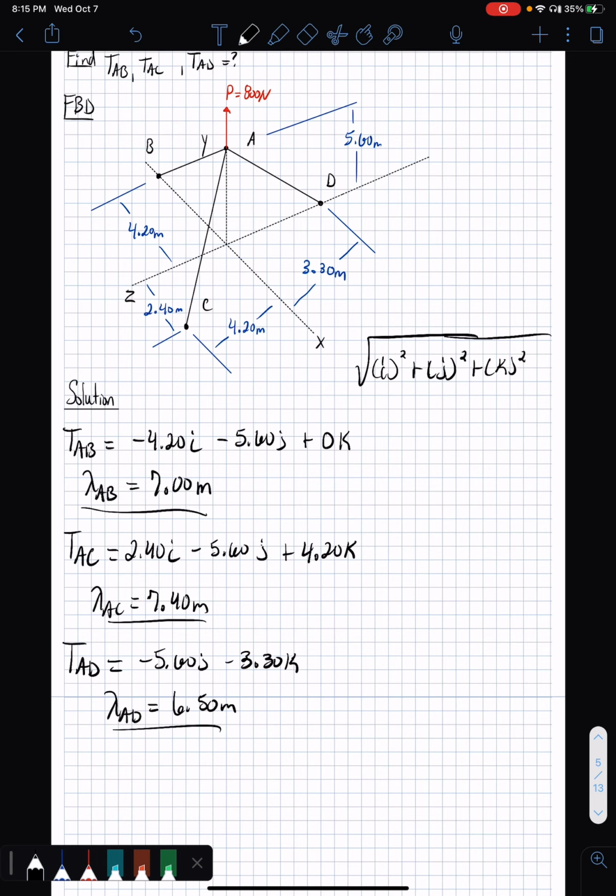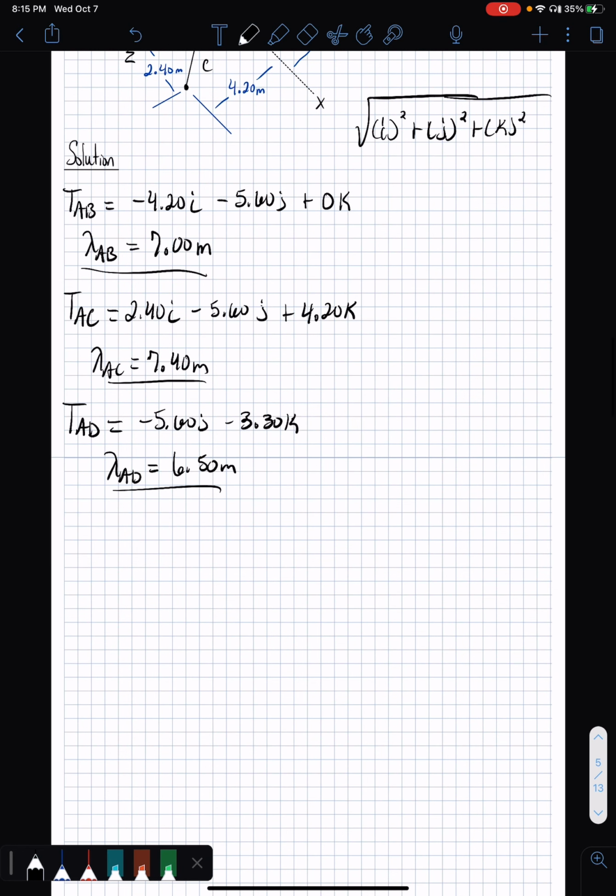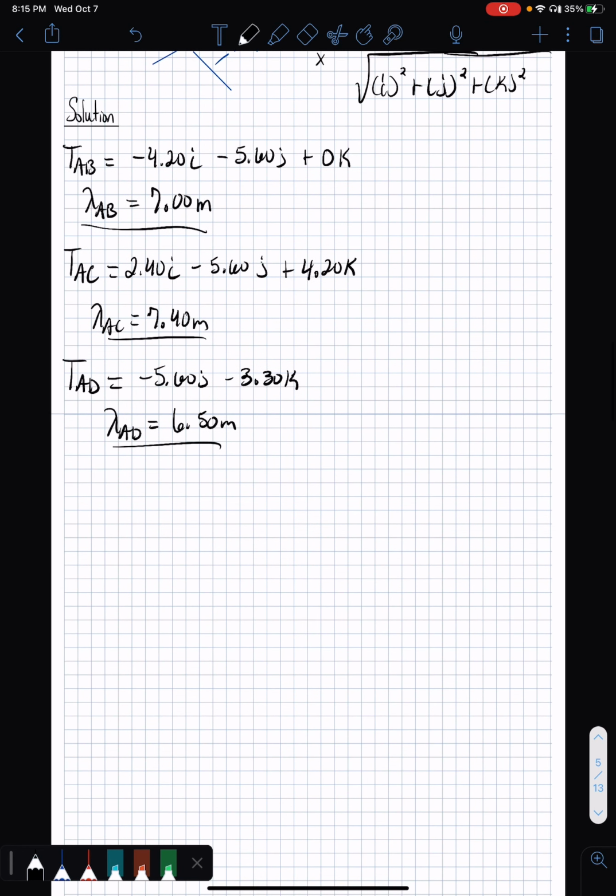Now that we have our tensions in component form and our lambdas, we can go ahead and break it into x, y, and z components of the forces. So the forces in the x, the forces in the y, and the forces in the z.